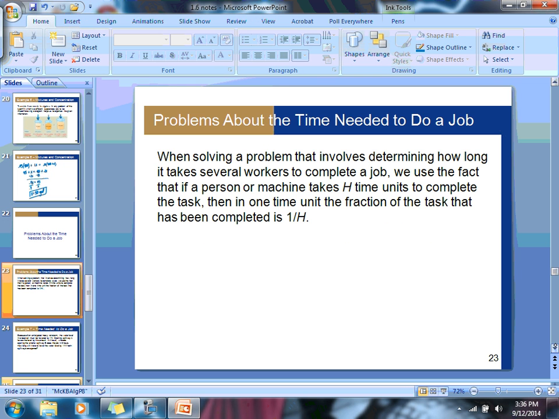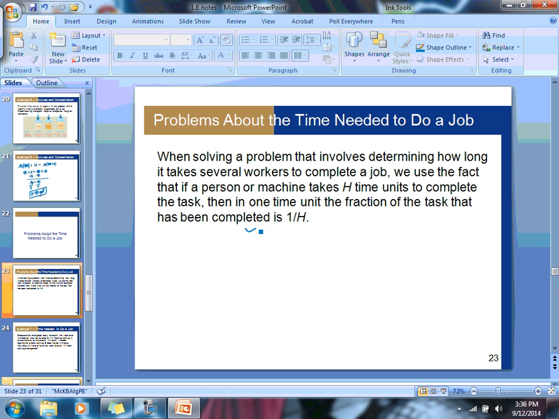Now, problems about doing a job. These are actually pretty easy. You just have to think that there is one job that multiple people are doing. So all together, they are doing one job. But individually, they are doing a fraction of that job.